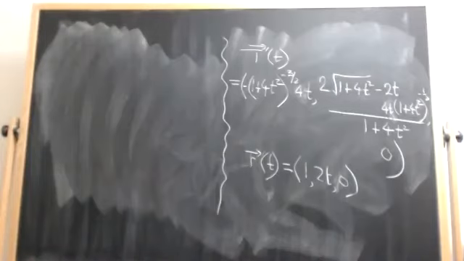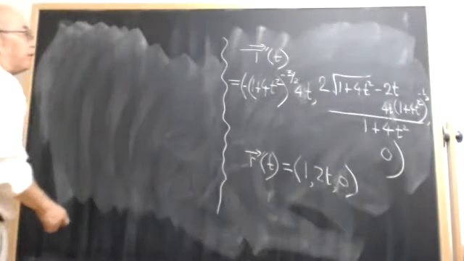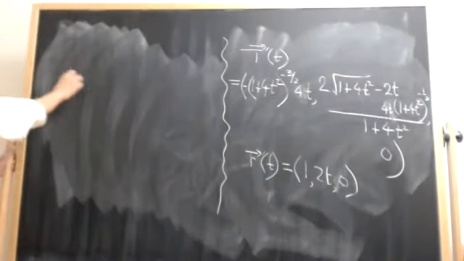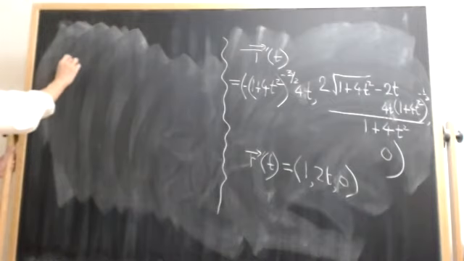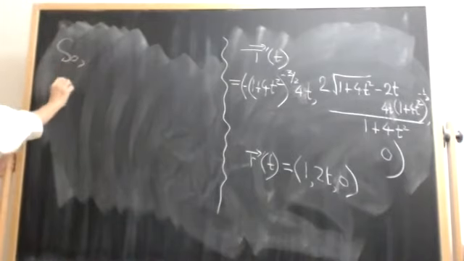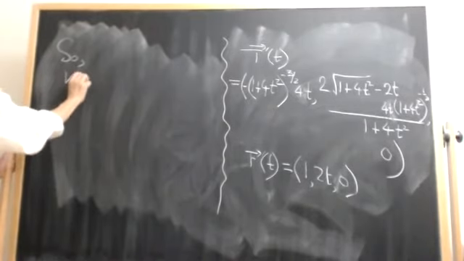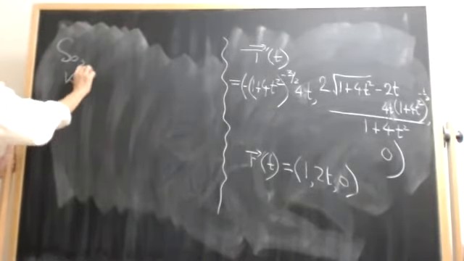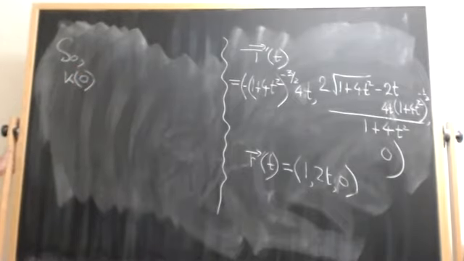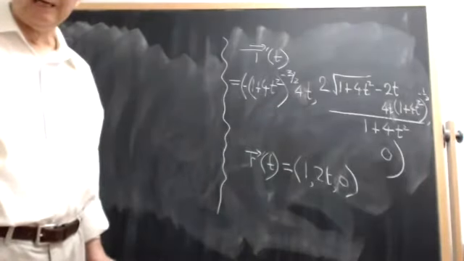Now, I am going to look at the following. So what am I going to get? I am going to look at the curvature at 0 because I want to look at the curvature at the origin.